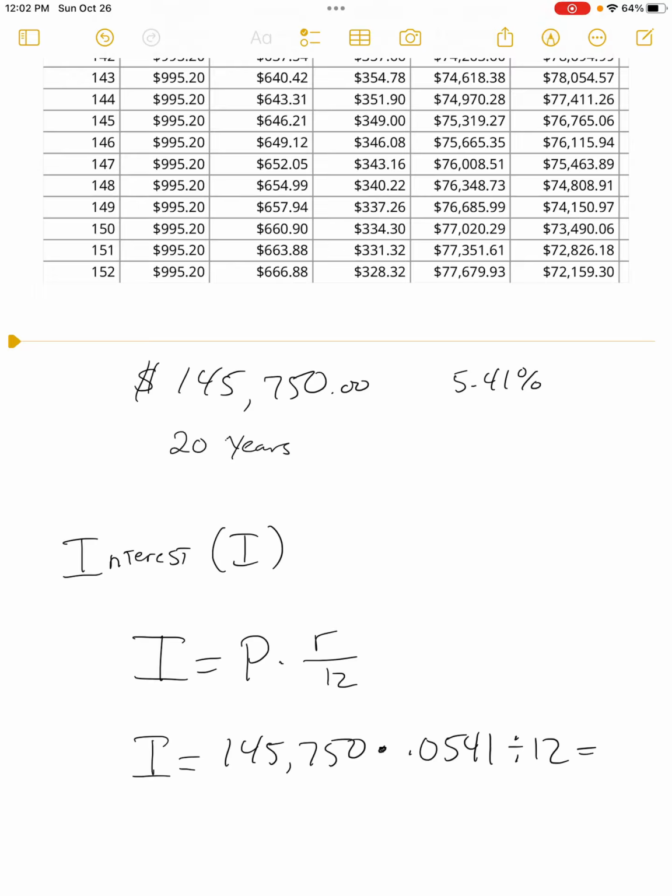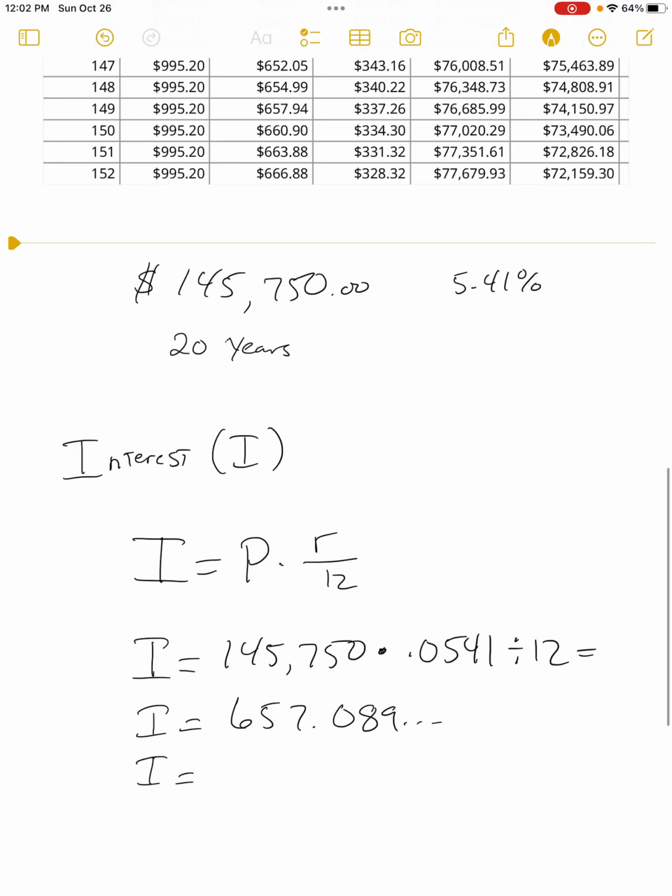Let's run that number. I'm reaching down to get a calculator, so if my voice sounded a little distant, it's just because I didn't have the presence of mind to grab a calculator first. 145,750 times 0.0541 divided by 12 would be the interest I'm responsible for that month. They typically round interest up regardless. This one rounds up naturally.